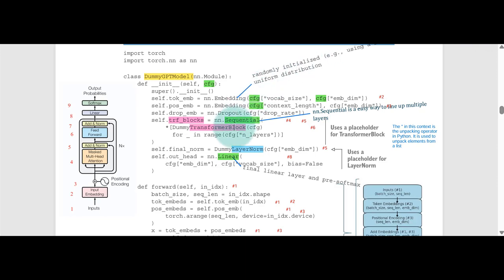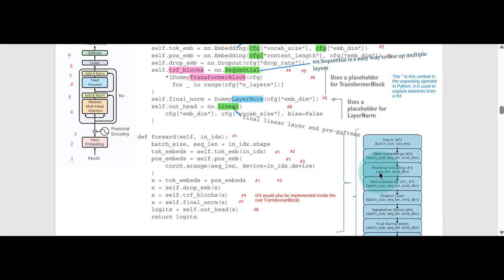So we might have a linear layer, ReLU, linear layer, ReLU, and so on. We just have a sequence of them. We can usually put those all together using nn.Sequential. And that's what's happening here. We're putting together a whole lot of transformer blocks here. Okay, so anyway, that's what TRF block means.